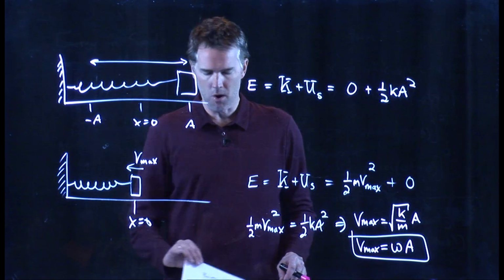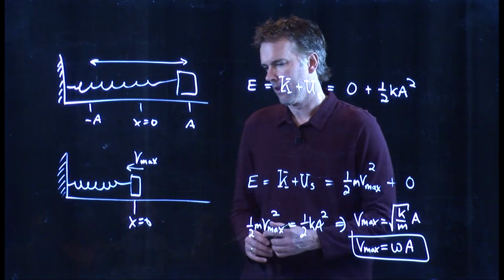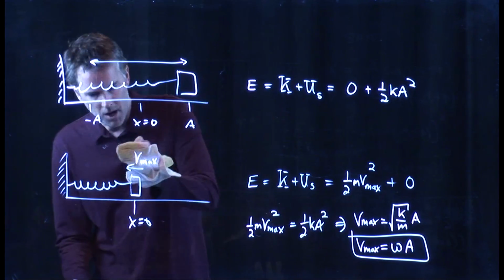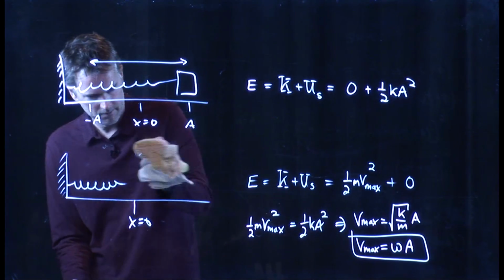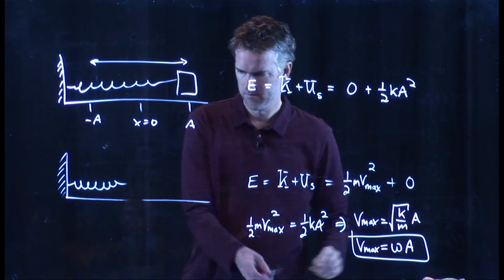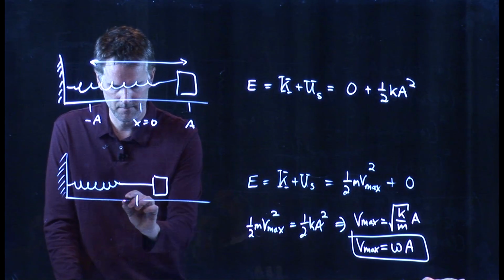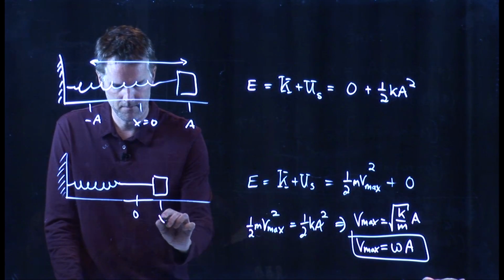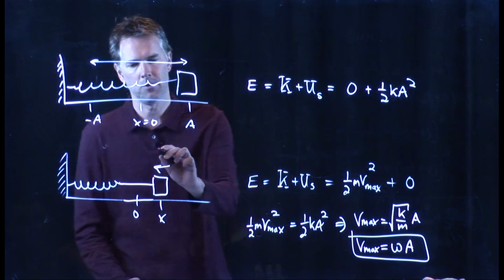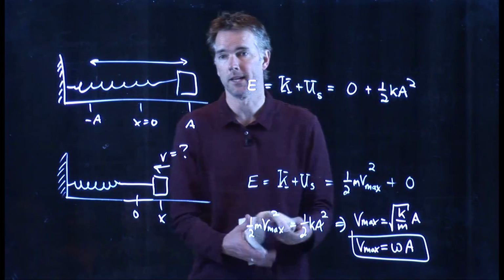But let's say you're at some arbitrary point. Let's say you're not at the maximum. Okay? So let's redraw this picture slightly at some other location. Let's say you're there at some position x, and you want to calculate the speed.